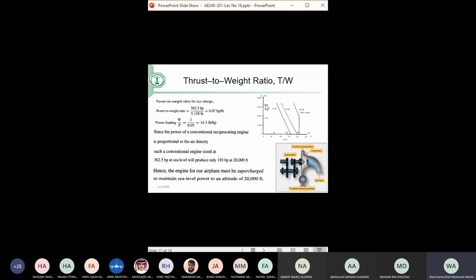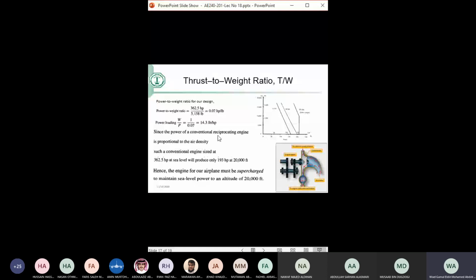A supercharger is a sort of a compressor or an impeller that will take the air outside the aircraft and increase its pressure before feeding it to the cylinders, where it's going to be used to burn the fuel, so that the cylinders themselves will not feel the decrease in air density as the aircraft climbs.